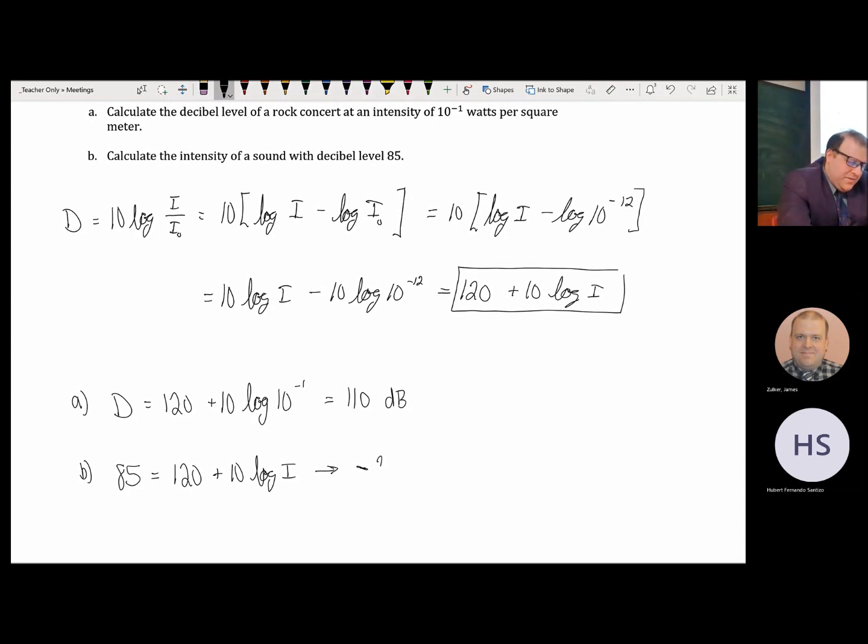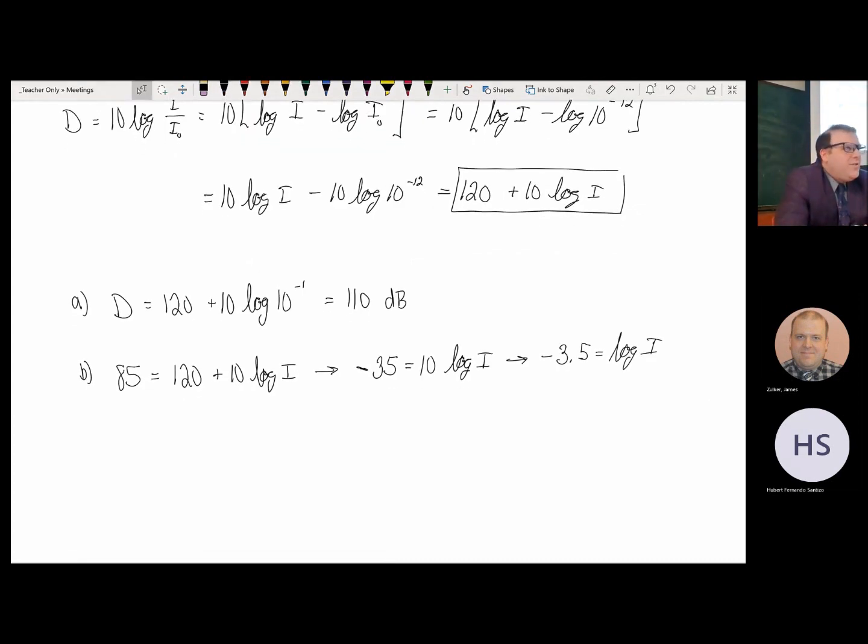What, negative 35? Divide by 10. And now we have to undo that common log. How are we going to do that?